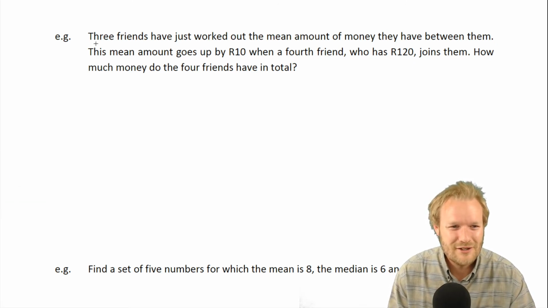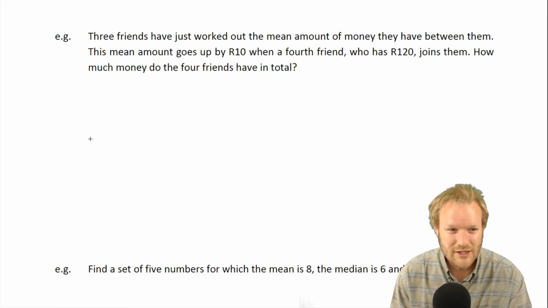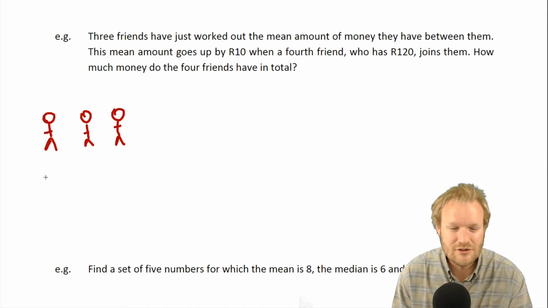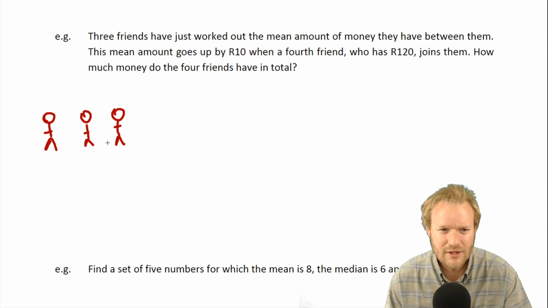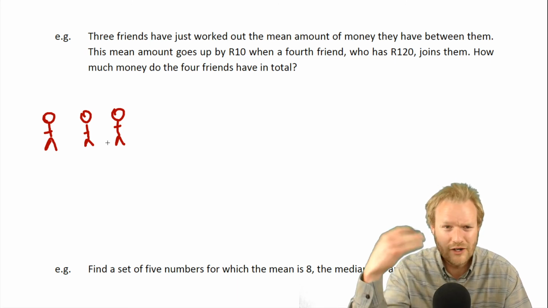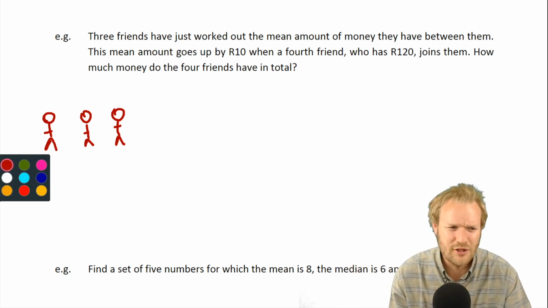So we've got three friends, three chommies, mates, pals, who worked out the mean amount of money they have between them. Remember this idea that there are three people to start with, and their mean is whatever it is. If we don't know what something is, what's a useful thing to do? Maybe use a variable of some kind.